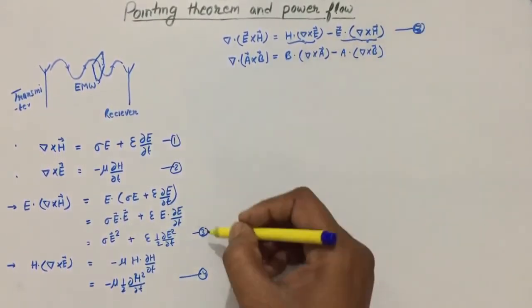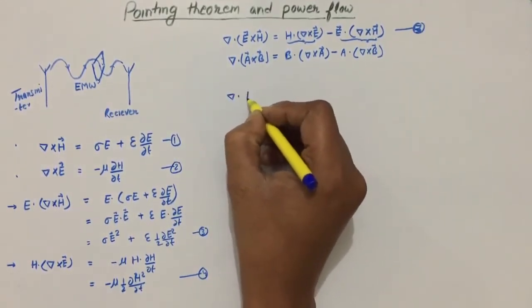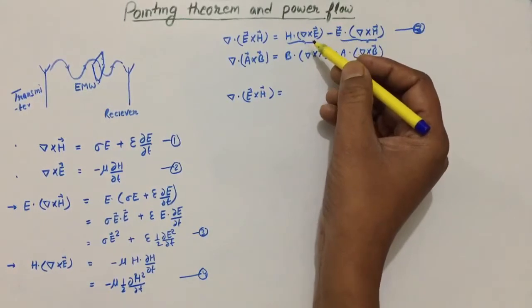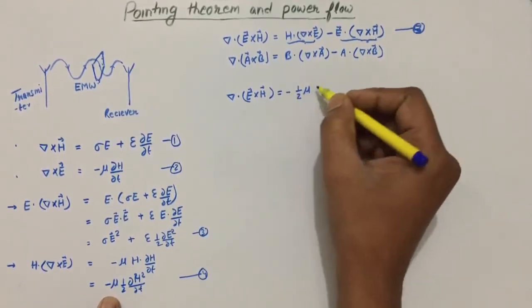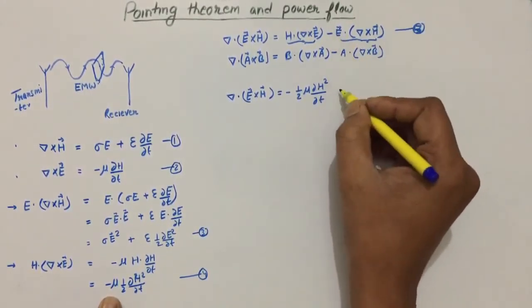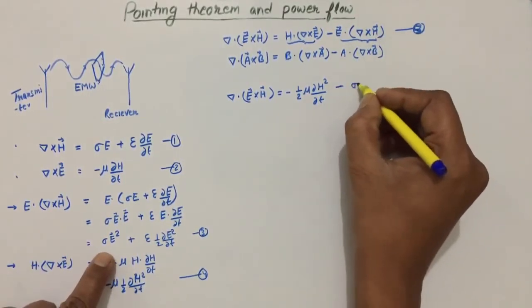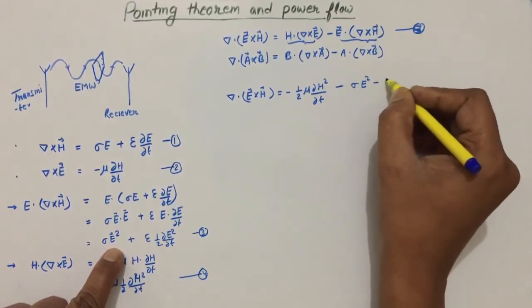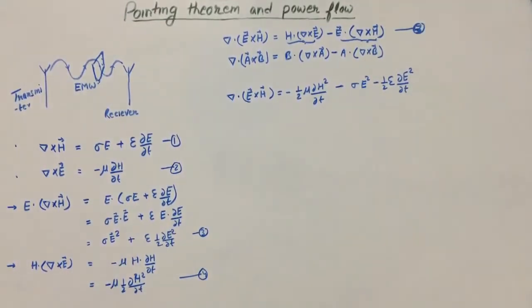Put these values from equations 3 and 4 in equation 5, then we will get del dot E cross H equal to minus half mu del H square over del T, and with the minus sign, E dot del cross H can be written as minus sigma E square, minus half epsilon del E square over del T. We have this relationship.